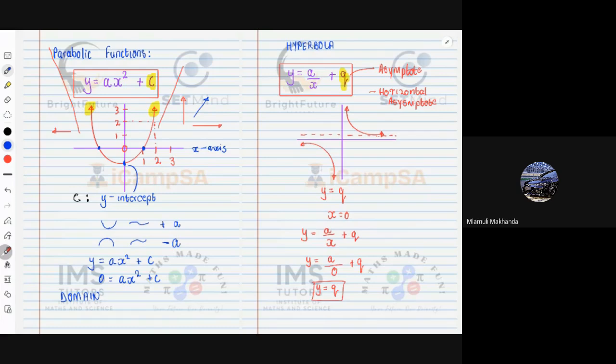Our domain, we're going to say x is the element of real numbers, or we can use that representation again: x is the element of negative infinity up until positive infinity. So it's basically endless.